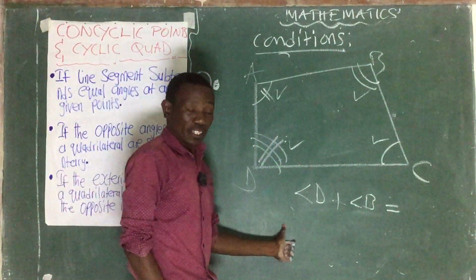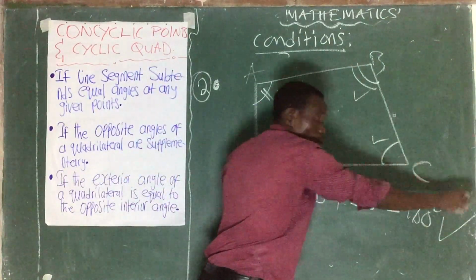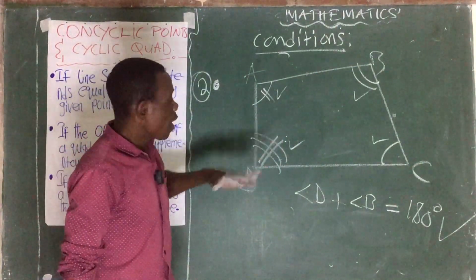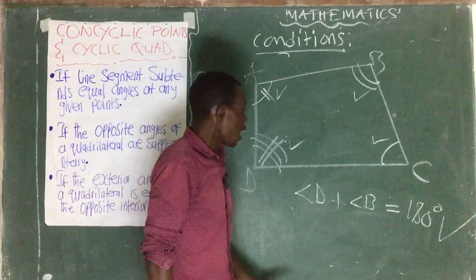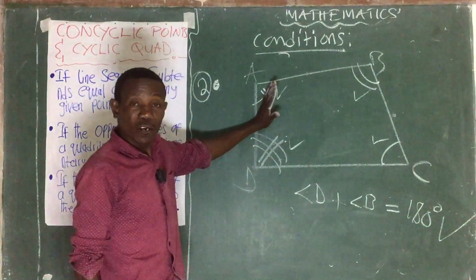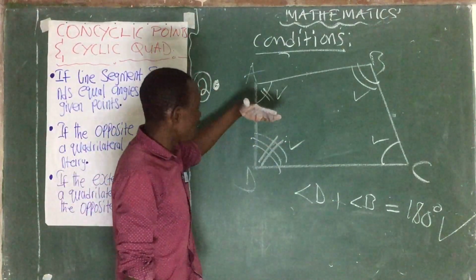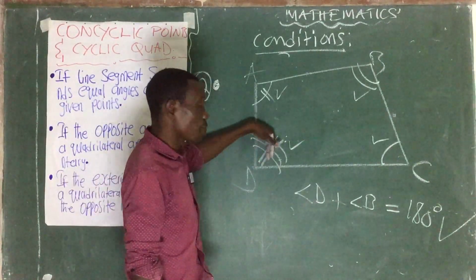Is it 180 degrees? The moment you get this, then the entire quadrilateral must be what? Cyclic. But if you don't get the sum of 180 degrees, try again to add the other pair of opposite angles. Does it give you 180 degrees? And definitely, I don't think that one can give you 180 degrees if the first pair fails.